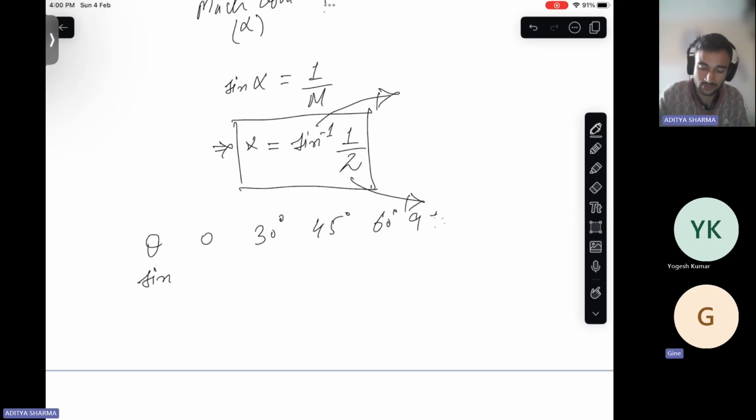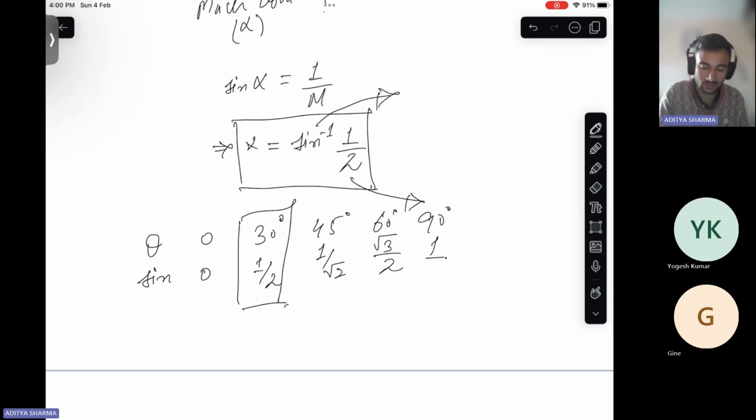This part is very problematic. 1 by 2, if I remember it correctly, it is this, and this is root 3 by 2, and this is 1. We need not use the calculator anymore.